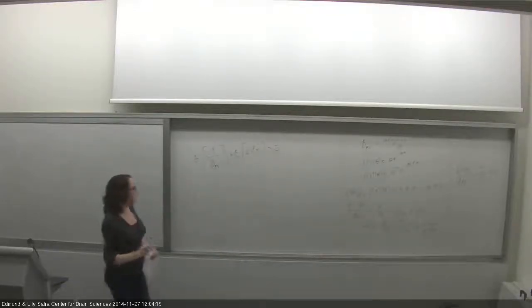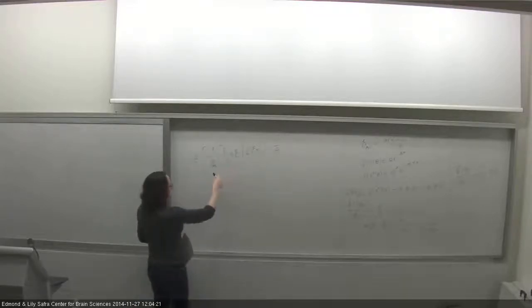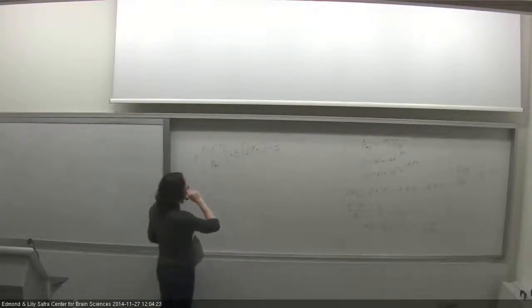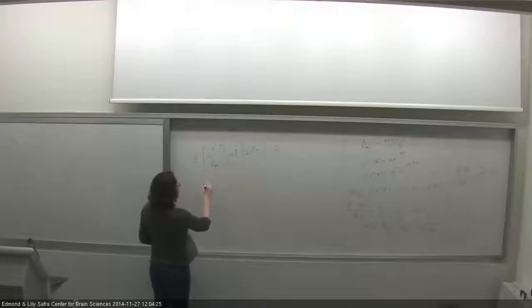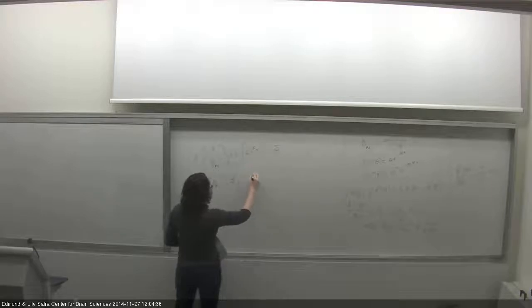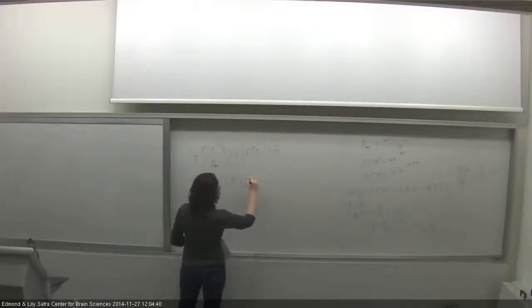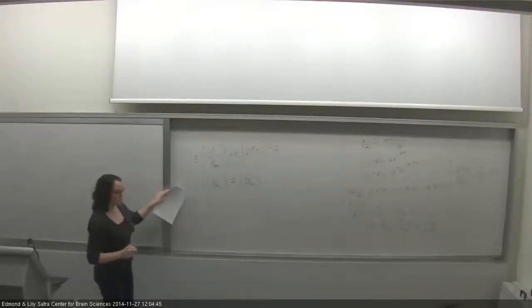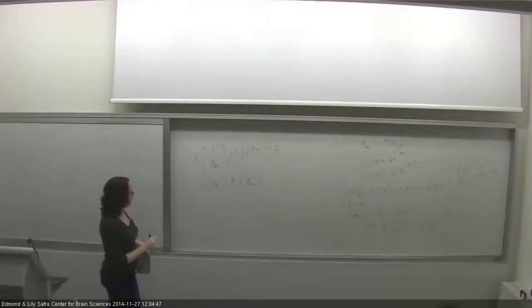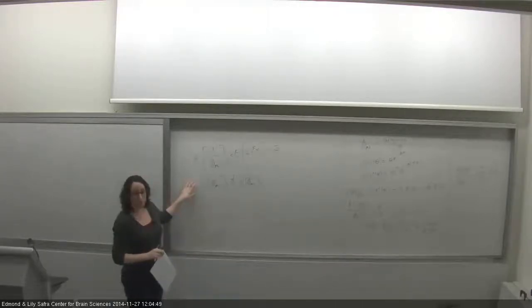But note that this doesn't necessarily mean that the expectation of theta ML is 1 over the expectation of 1 over theta ML. Okay? So this is not true, and we'll immediately see why in general it's not true.